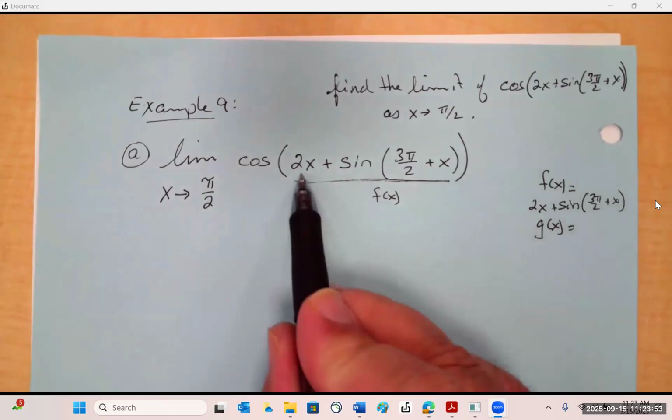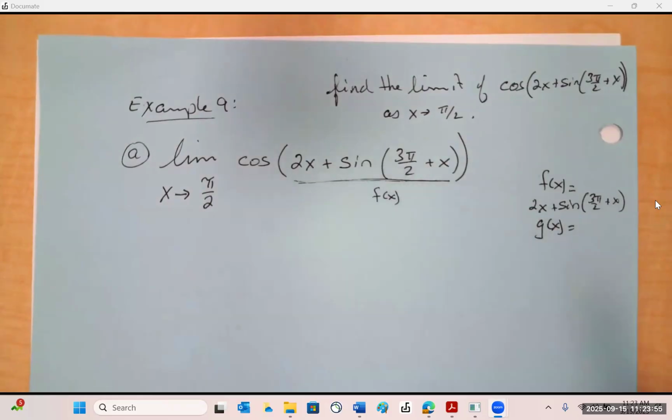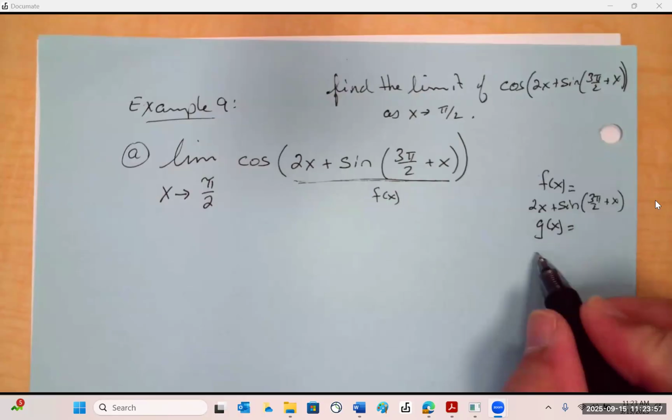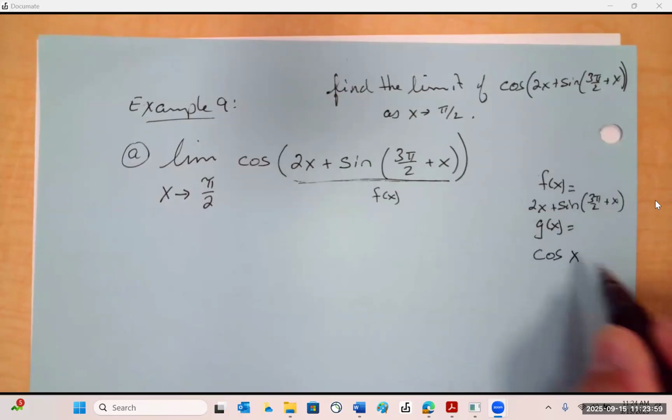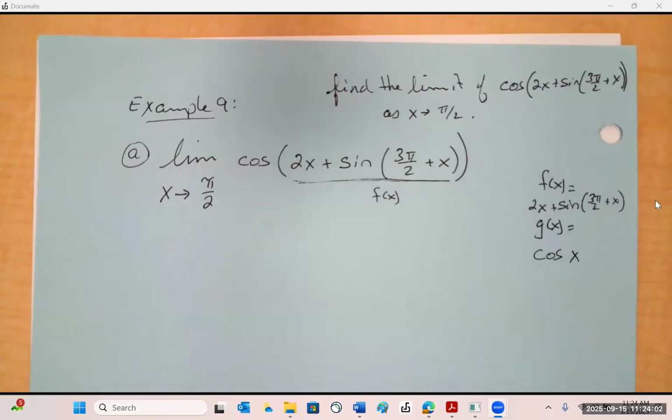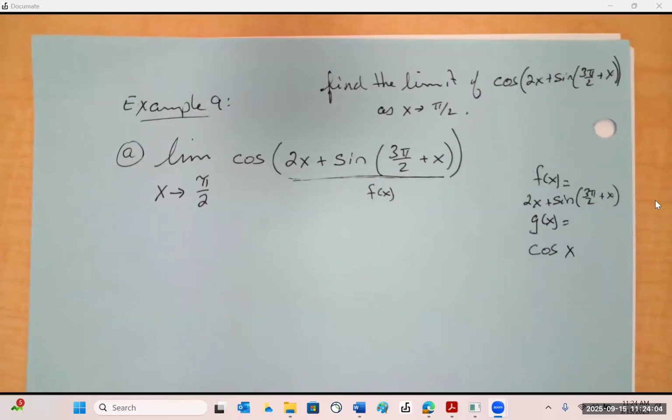So the internal functions, they're both continuous functions. What's g of x? g of x is cosine of x. Is that a continuous function? Yes.